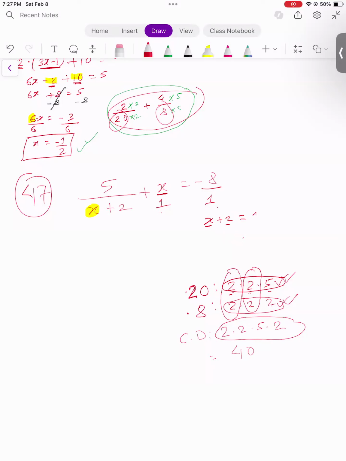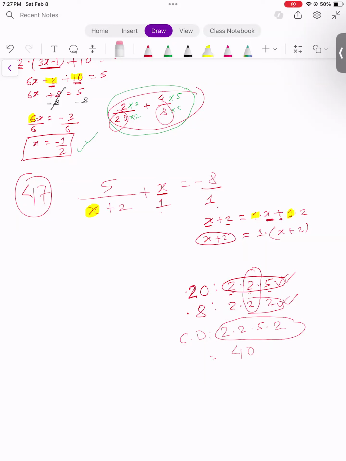We can rewrite it as 1 times x plus 1 times 2. Now you see 1 as a common factor. So you factor out 1 and we are left with x plus 2. So 1 times x plus 2 is a factorization. 1 and x plus 2 are the factors for this expression.